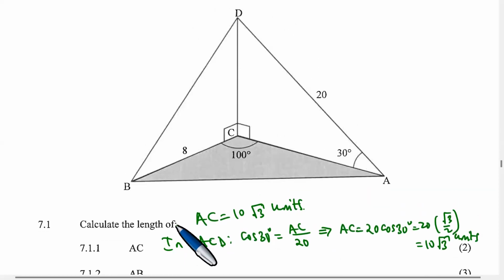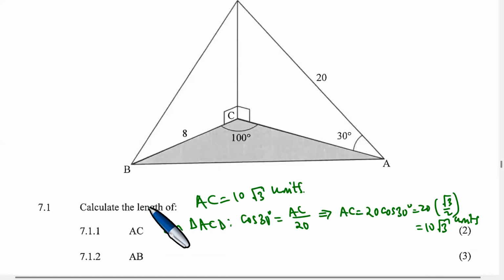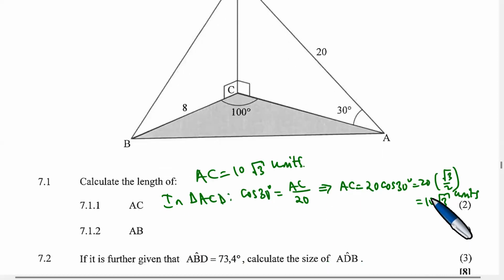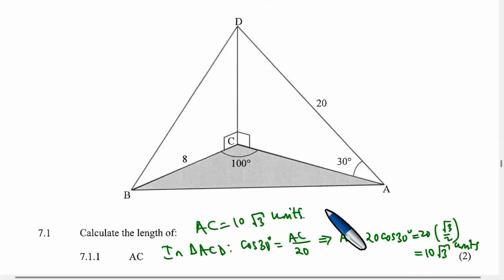What about AB? Okay, so we have that AC is 10 square root of 3 units.